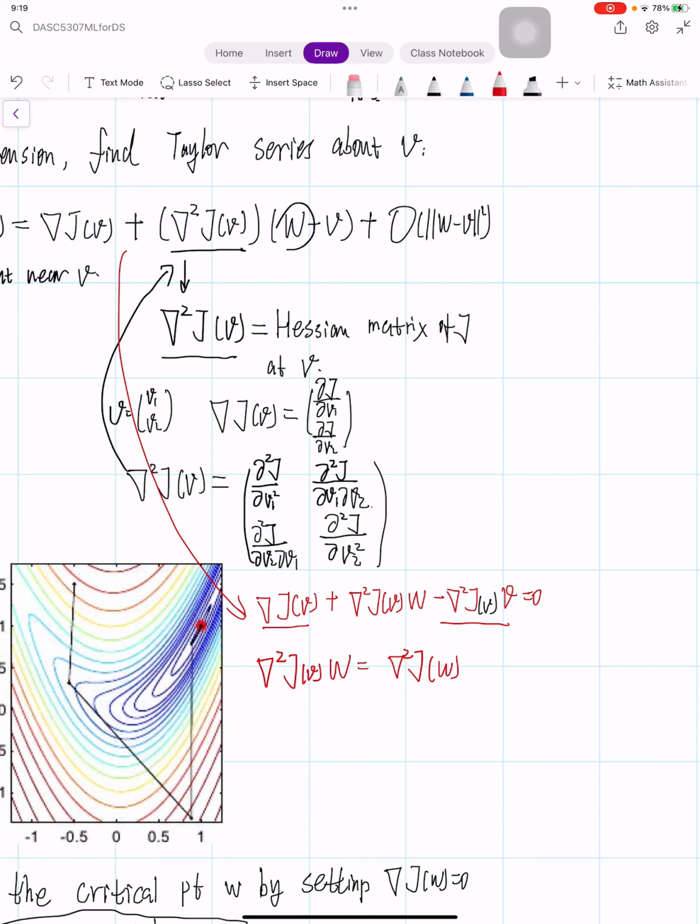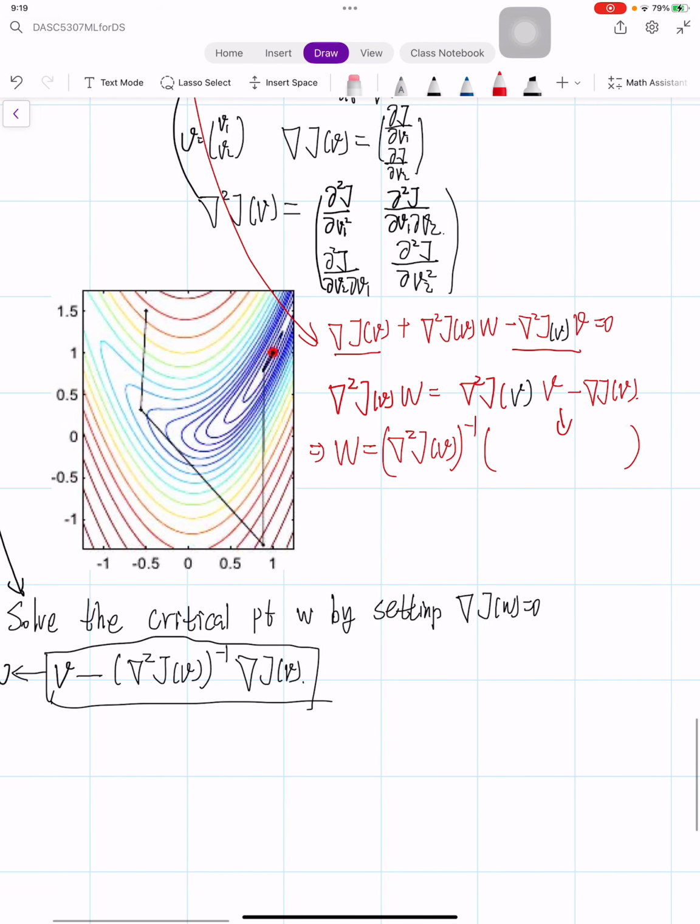Okay, so this will be V here. Okay, and times vector V and minus gradient of the G at V. And therefore we can solve W equals to inverse multiply this term.